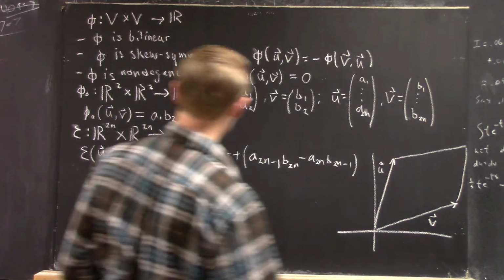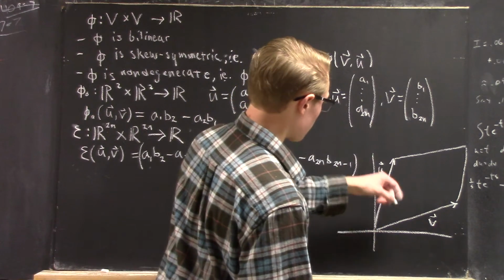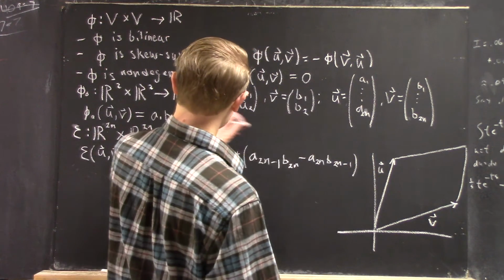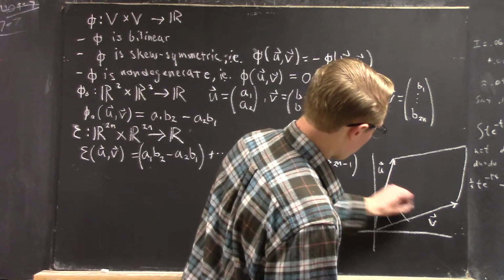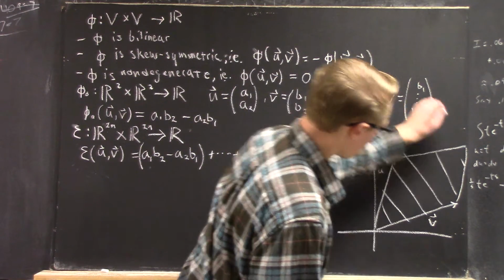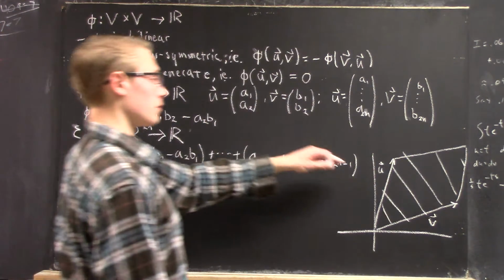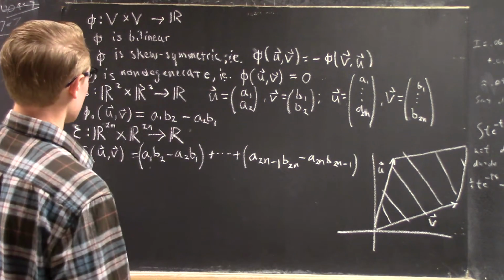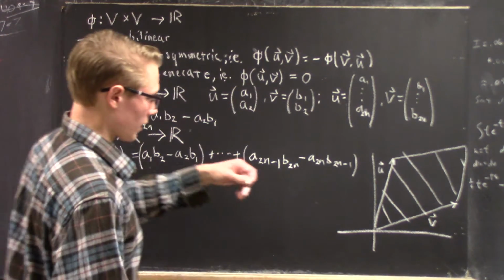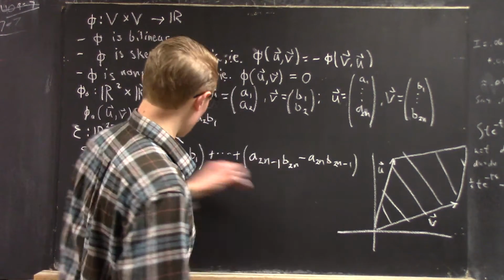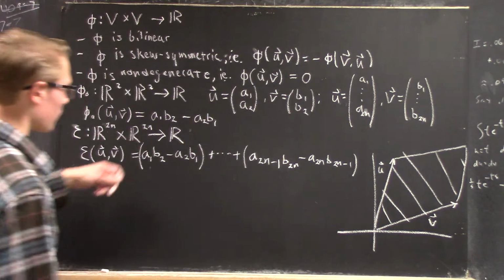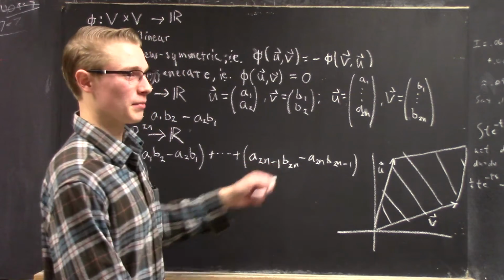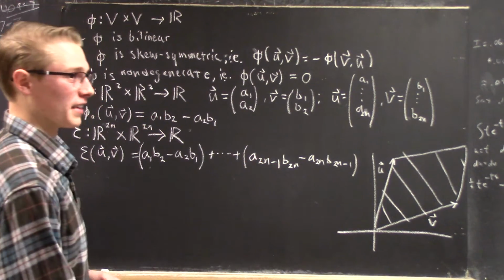The absolute value of this determinant would give us the oriented area between the vectors u and v. So, that representation of the symplectic mapping corresponds to this. This goes on to higher dimensions, but I don't think I can construct a graph for a dimension of 2n.